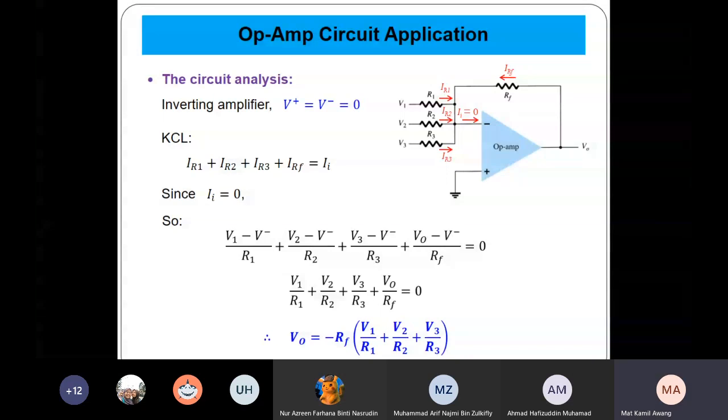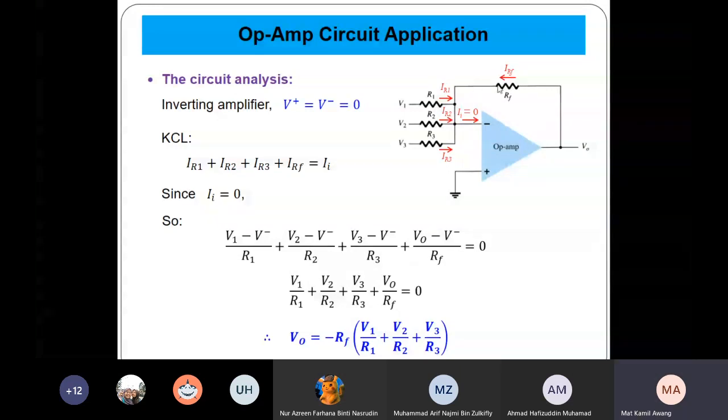And since you have 3, you add the output of 3 amplifiers actually. The different gain depends on RF, R1, R2, R3. Even though you use one amplifier, it can have different gains. This one is one gain, this one is one gain.